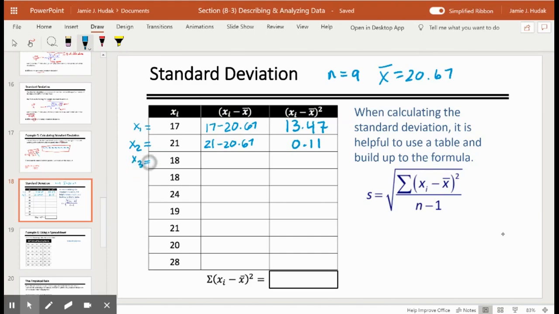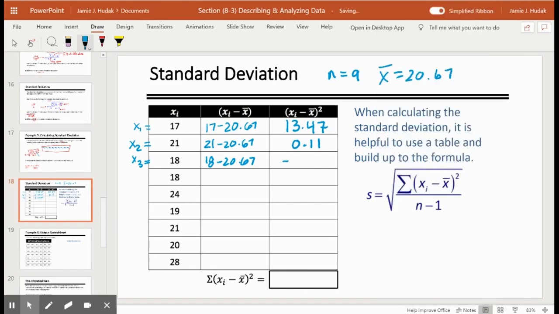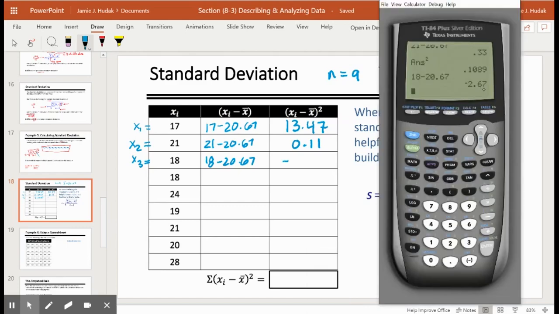This is our third data point, 18 minus 20.67. Negative, I'm going to go back, negative 2.67. We want to square that. We get 7.13.